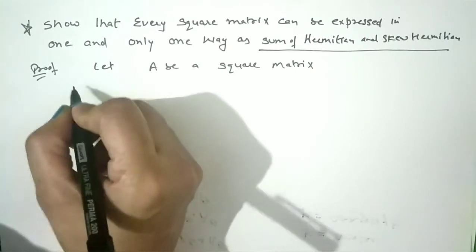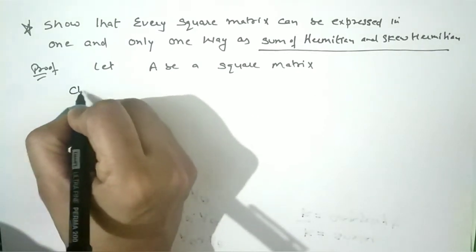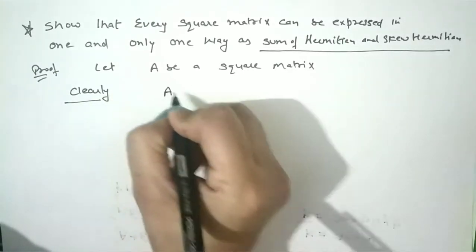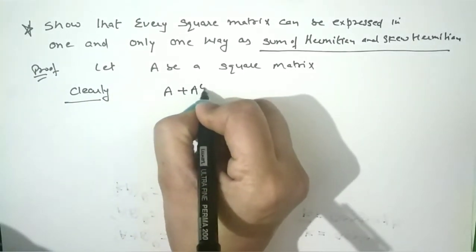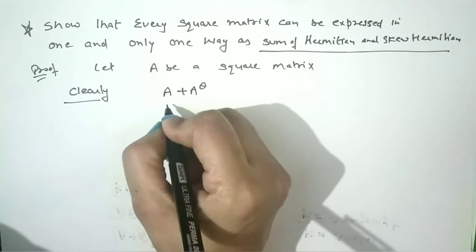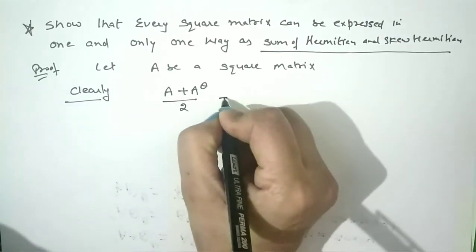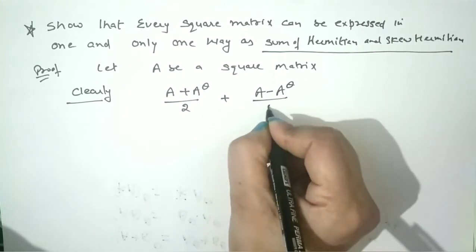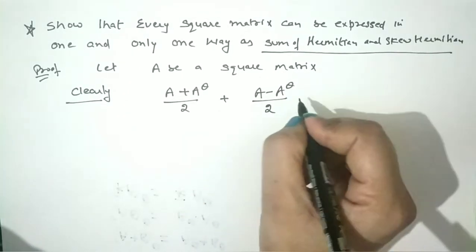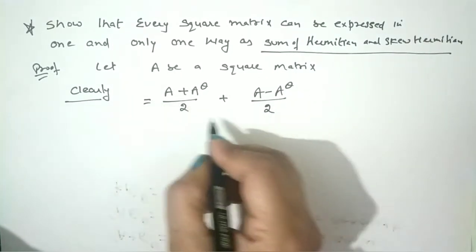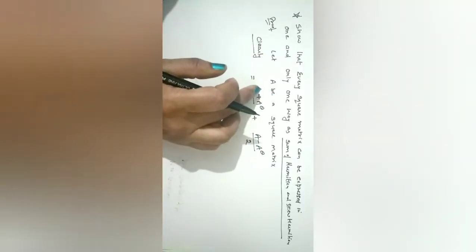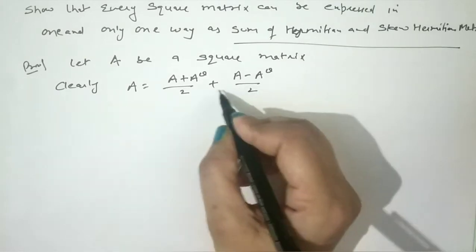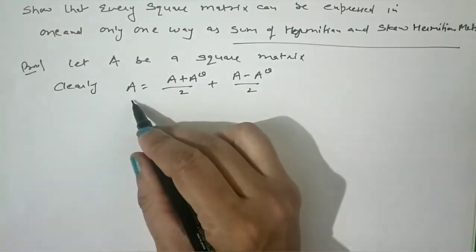So clearly we can write it here. If you add A and A theta and divide by 2, and similarly if you subtract A theta from A and divide by 2, what will you get? The sum of these two terms is equal to A.